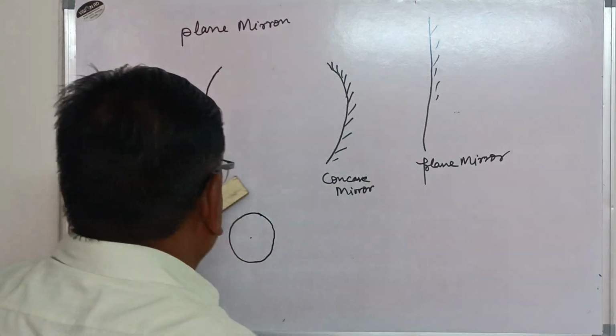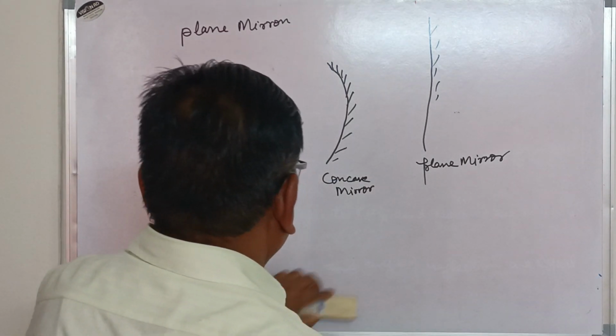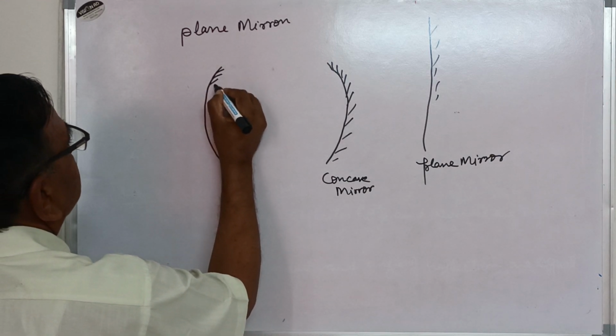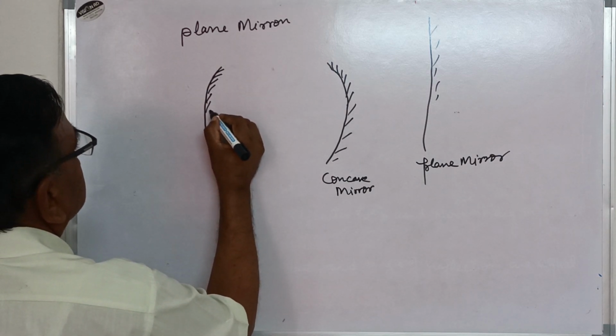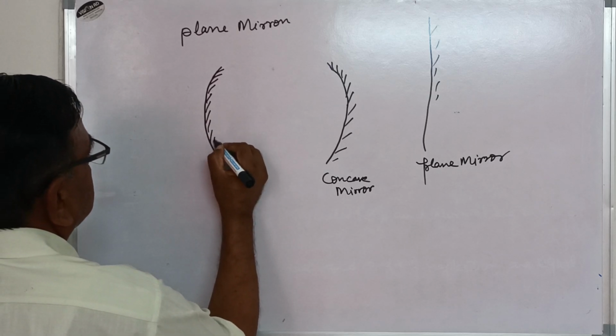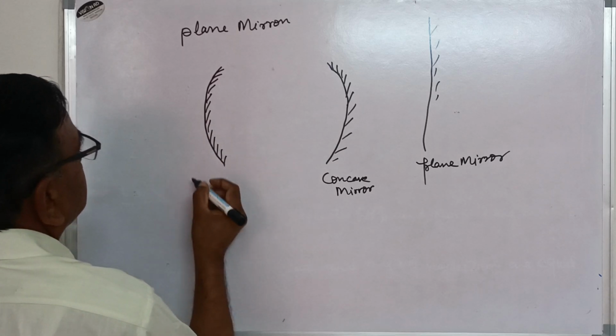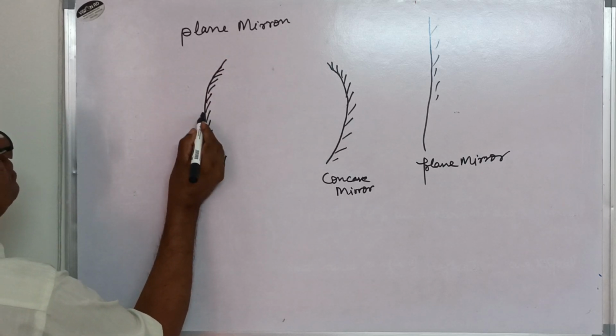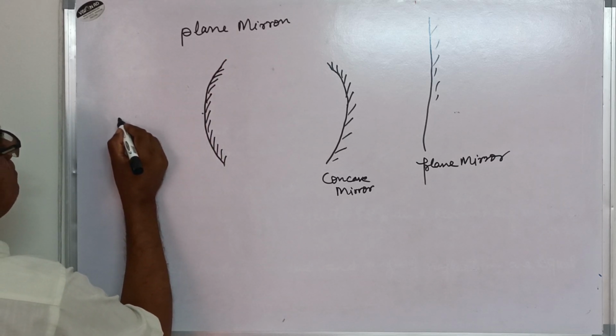So this is a part of, so this is the coated surface. This surface is coated with silver and protected with red oxide, and this is the reflecting surface.